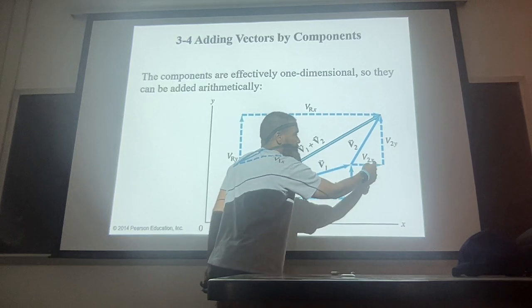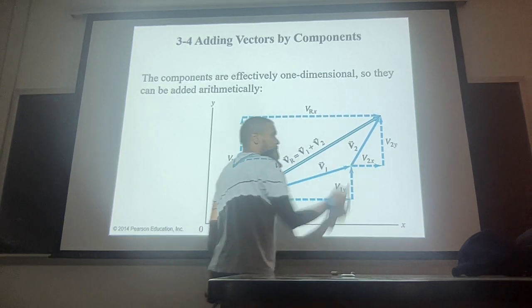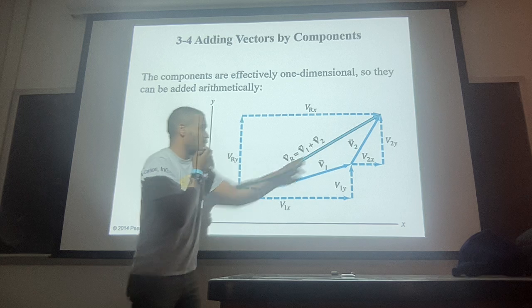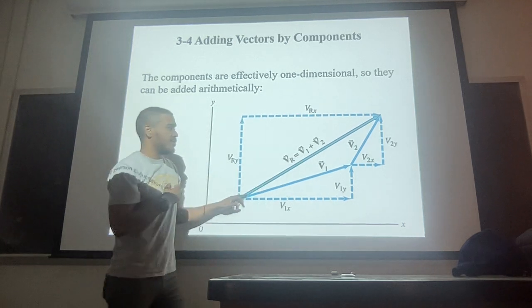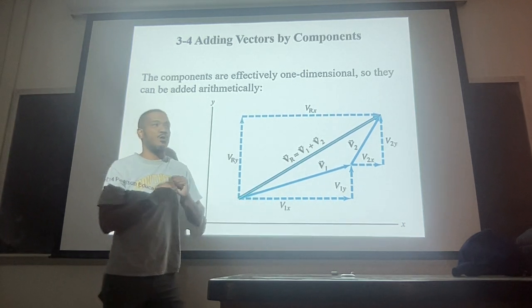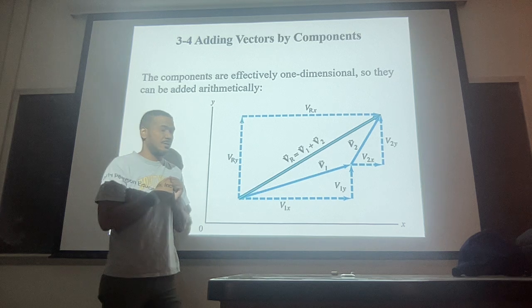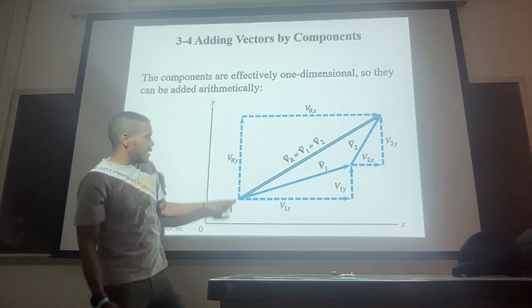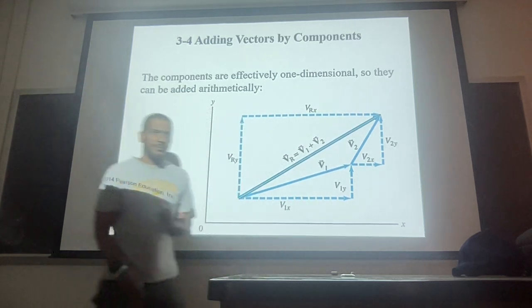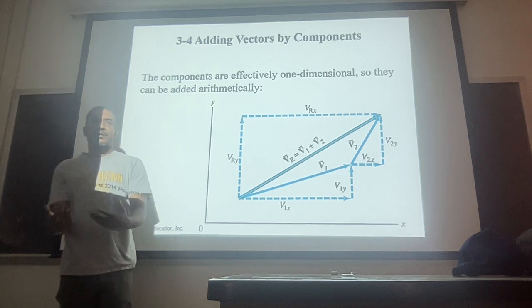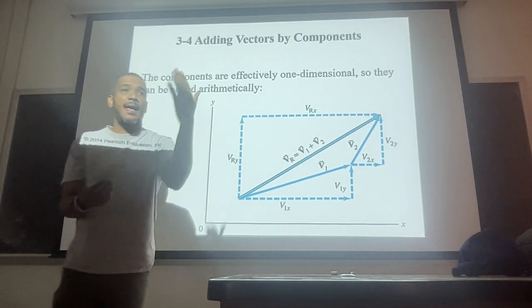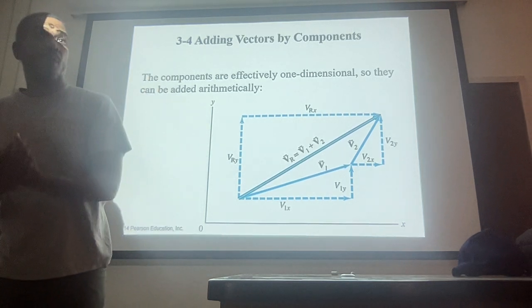These two together make up V2. And so on and so forth. VR, the resultant vector, that's what the R stands for, has a Y and an X too. Every vector has an X and Y component.